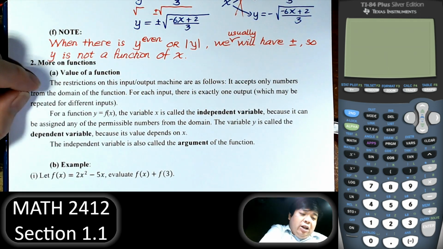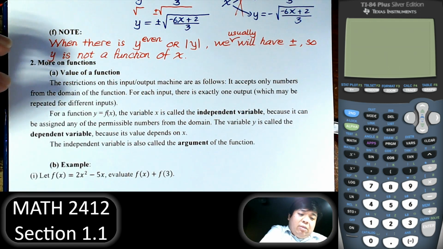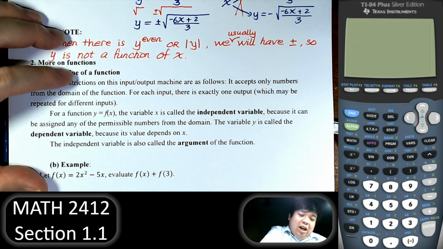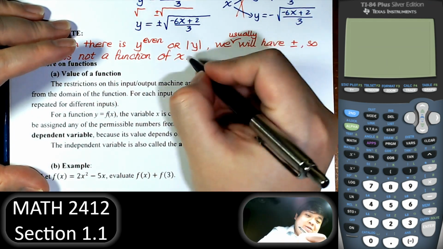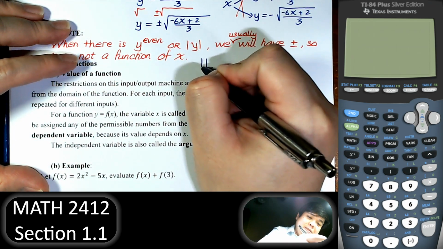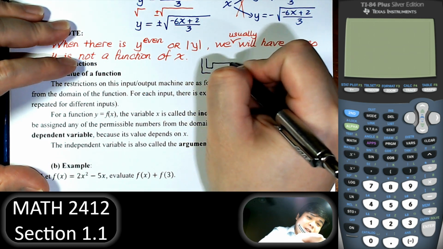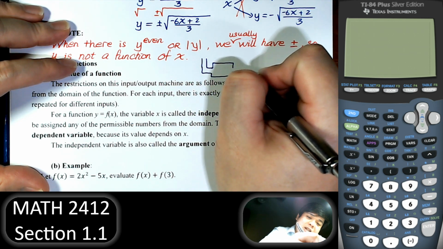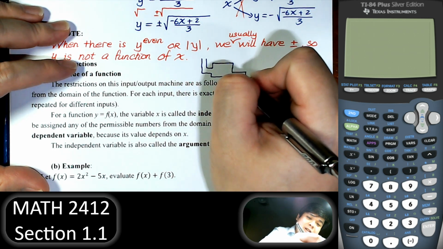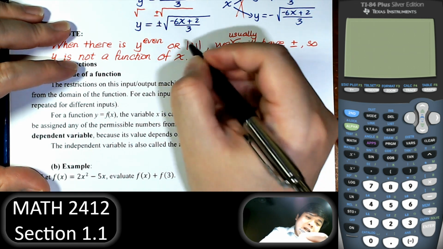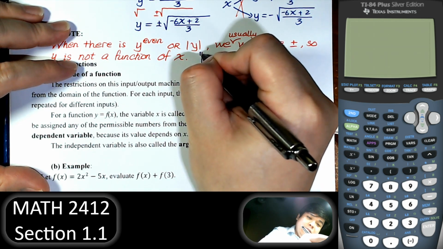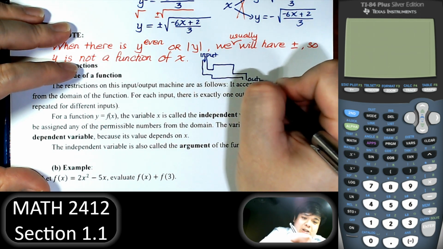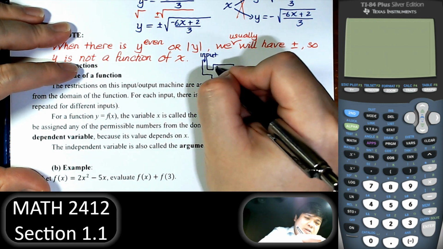The values of function, the restriction of this input, and okay. When I typed the note, I forgot to write the graph. So pretty much, it is kind of a machine like this. There is an input and there's an output, and this is kind of like a function.